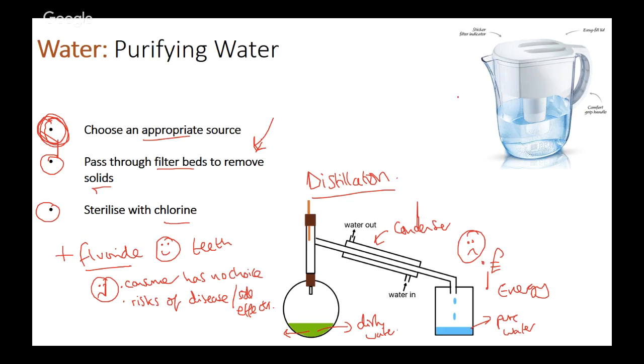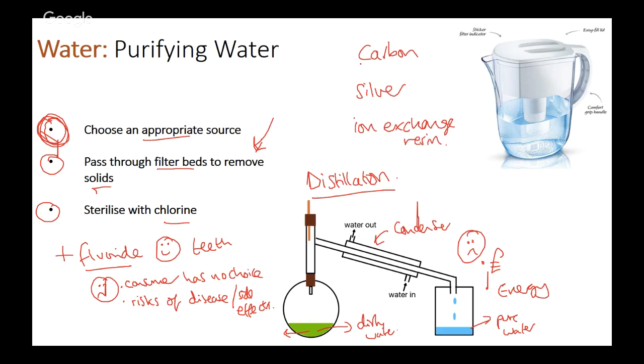When we do get the water into a house, a lot of us have water filters. They contain carbon and often silver, and they'll have some kind of ion exchange resin as well, which I'll talk about a little later when we cover ion exchange.